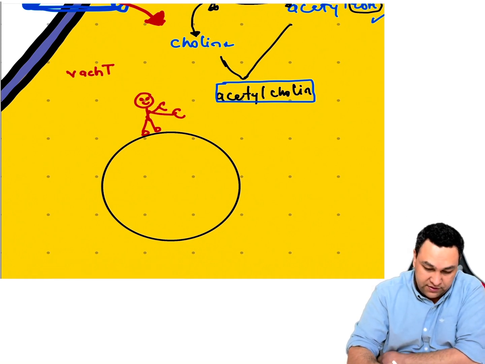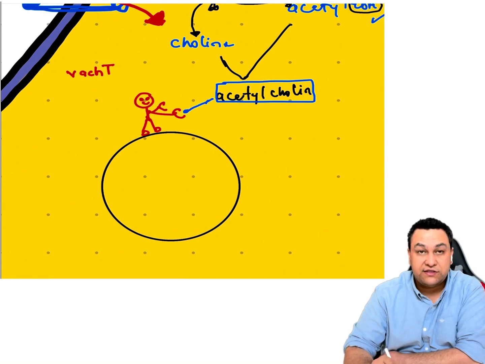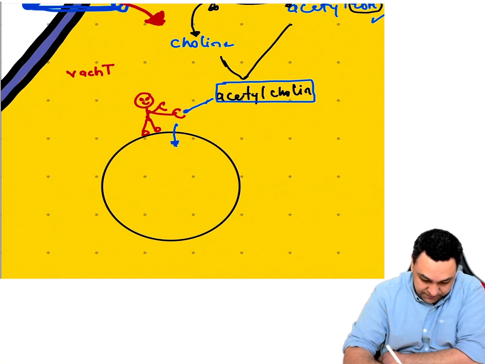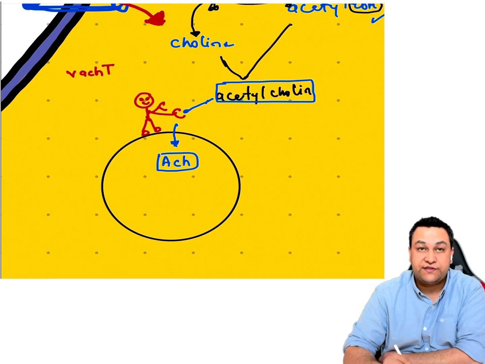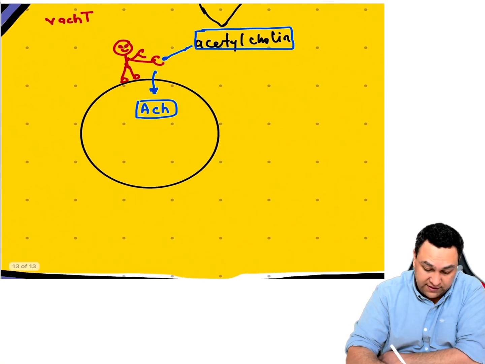Now what's it going to do? It has a very high affinity for acetylcholine. It's going to bind with the acetylcholine and take it into the vesicle. So here's our ACh in the vesicle, happily waiting for release.